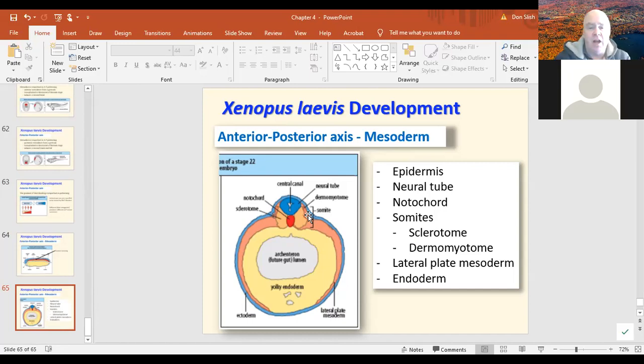Not that important right now, but we'll see that the dermomyotome becomes the dermis, which is the layer right underneath your skin. Right under the epidermis is the dermis. So this part of the somite is going to become that, and the rest of this, your sclerotome, will become spinal cord.